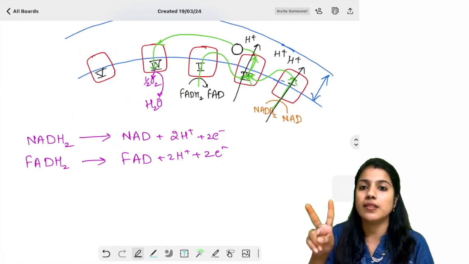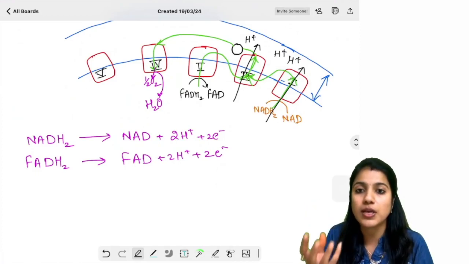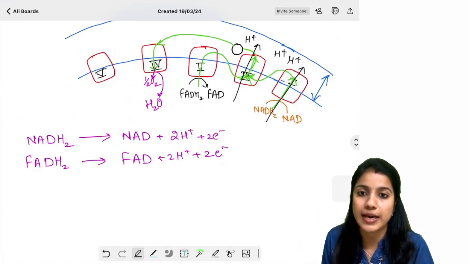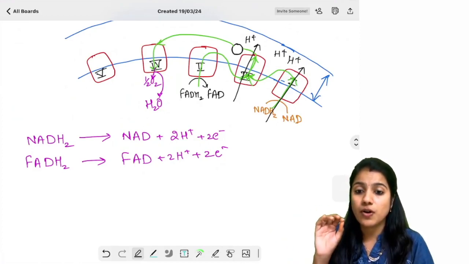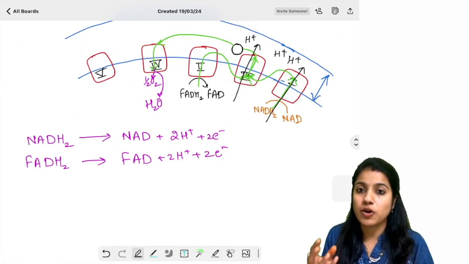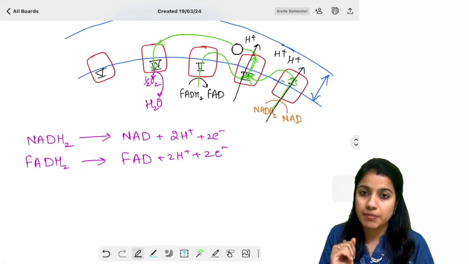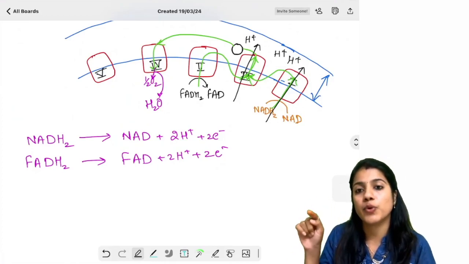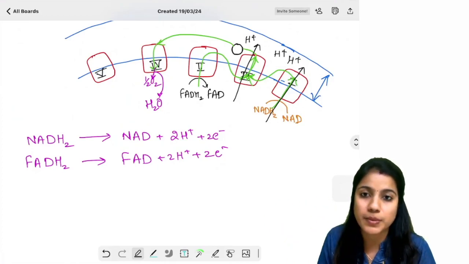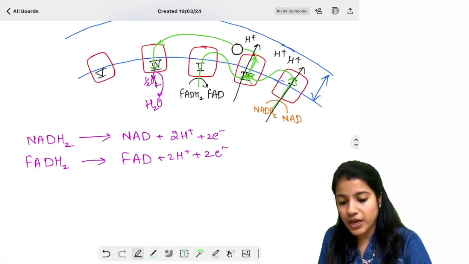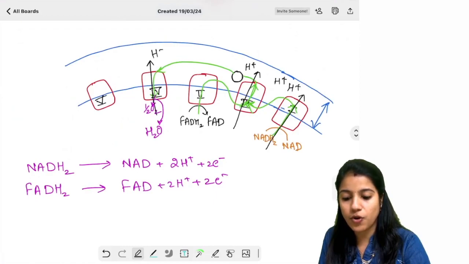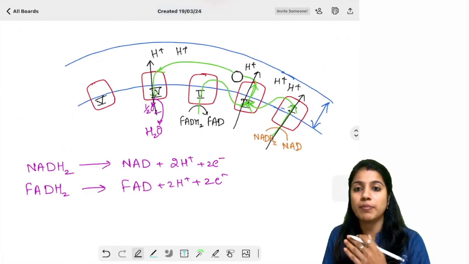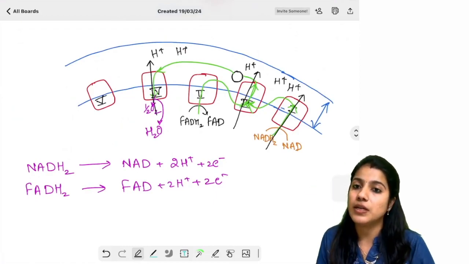So complex 1 and 3 both are associated with proton carriers. So that's why they can pump proton. Now, the reason for complex 2 not to pump the proton is that complex 2 itself is an enzyme partially embedded in the membrane and does not have proton carriers. So that's why it cannot pump the proton. Complex 4 can pump the proton. That means complexes 1, 3 and 4 can pump the proton from the matrix to the inner mitochondrial membrane.